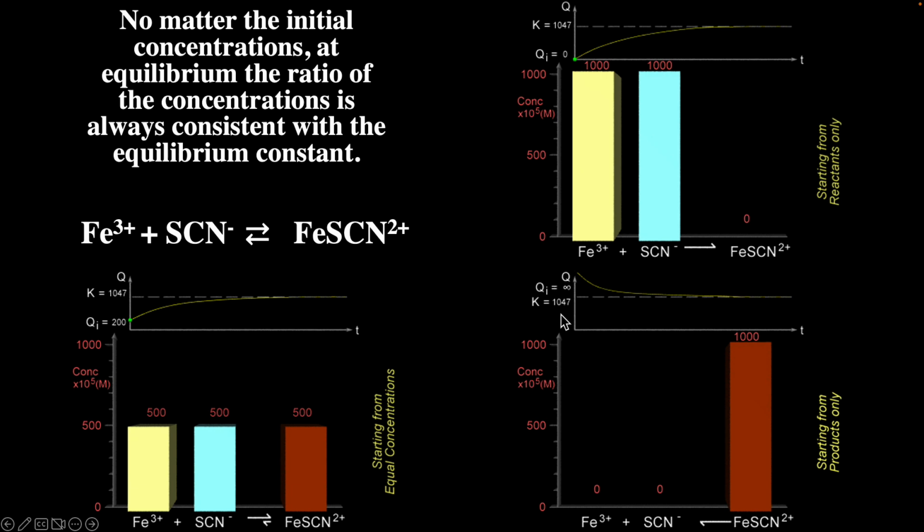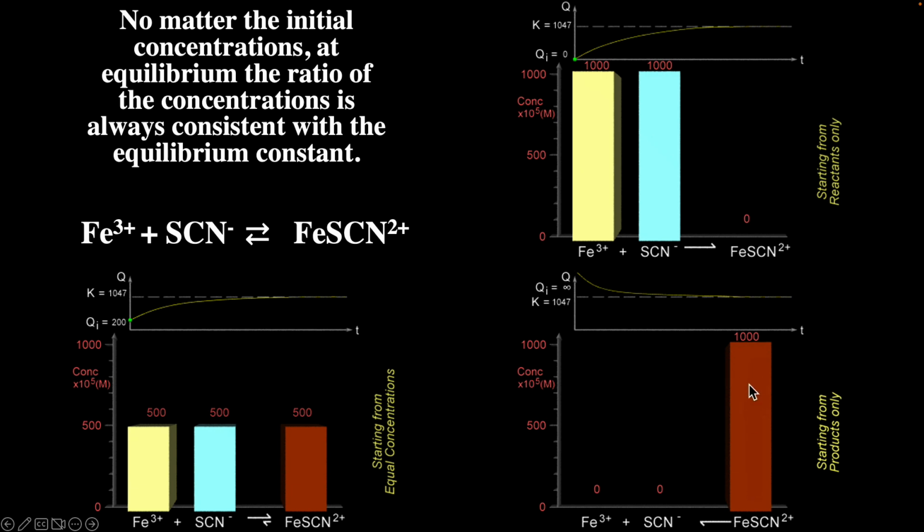Also notice above these plots, there is another plot where the y-axis is Q and then the x-axis is time. And so if we start with just reactants, our Q is 0. And then as the reaction proceeds, Q increases until Q equals K, which corresponds to equilibrium.